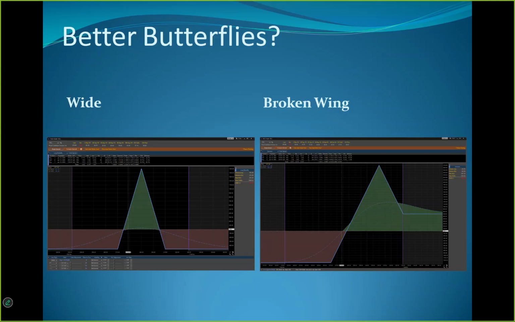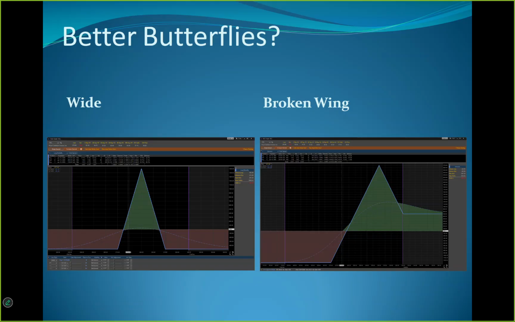Then I sell two calls that are out of the money, which have no intrinsic value, but have substantial time value. And then I buy one call further out to protect myself in case the stock goes to the moon.